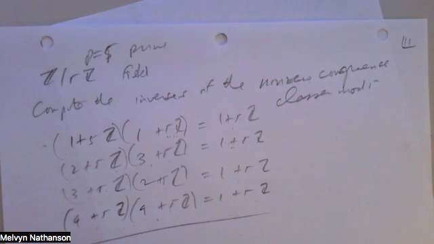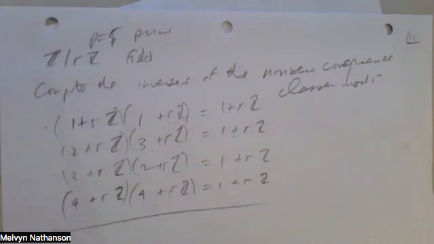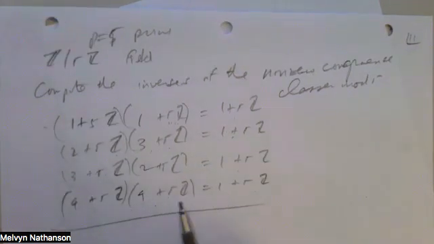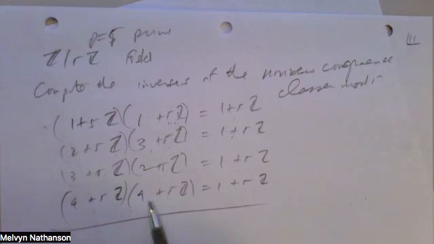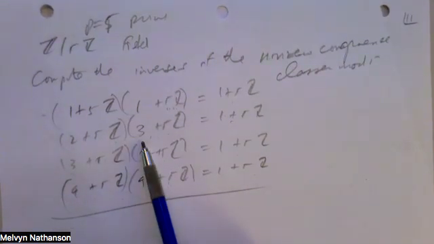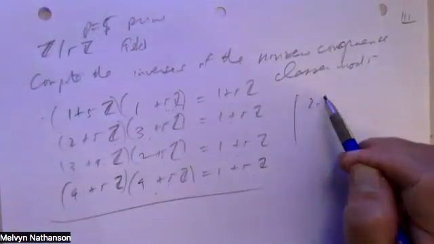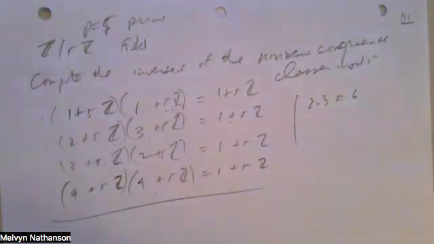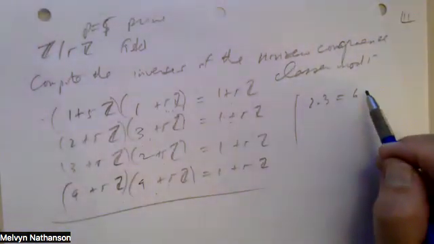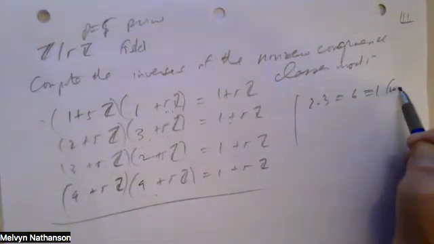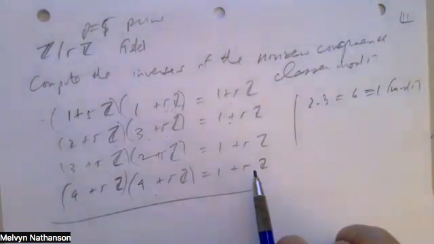Okay, Professor, I don't understand how 2 plus 5Z, why is it times 3 plus 5Z? I don't get the second one. Why is it 3? Well, 2 times 3 is 6. And 6 is congruent to 1 mod 5.